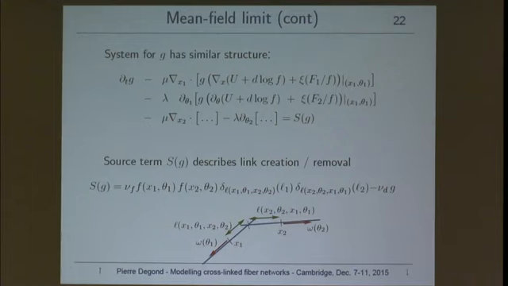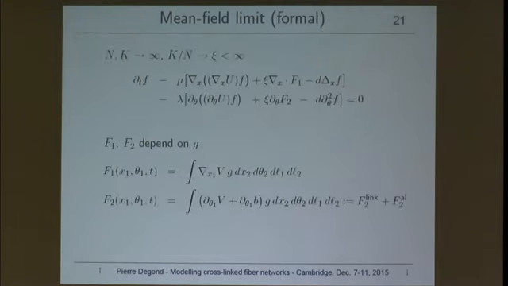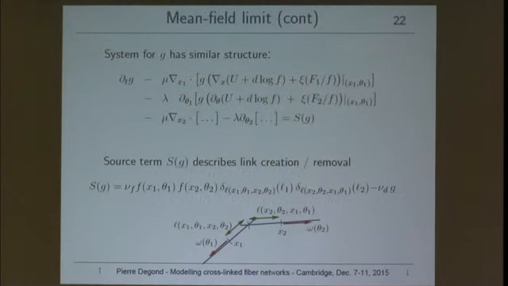The surprising thing is that when you look at the interactions of the crosslink, it involves again the same F1 and F2 as before, these integrals over the G, and the F in the denominator. So this is about how the crosslinks influence the crosslink distribution, and we found that it's a closed term that doesn't involve any higher order distribution.